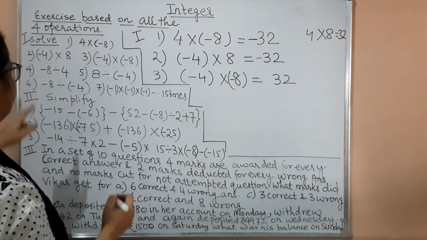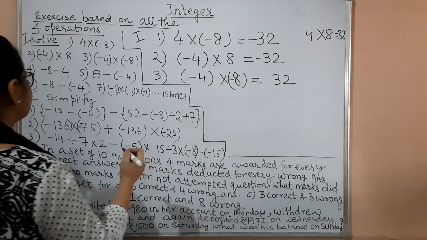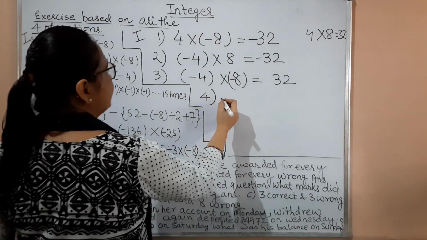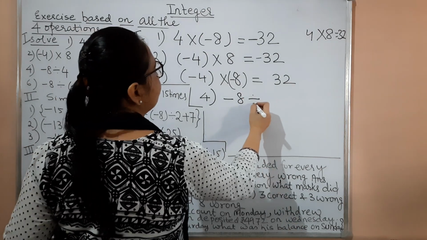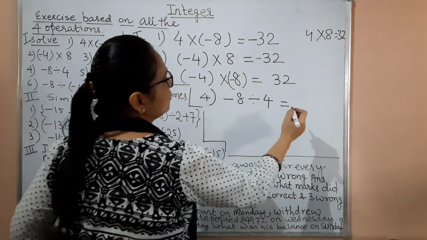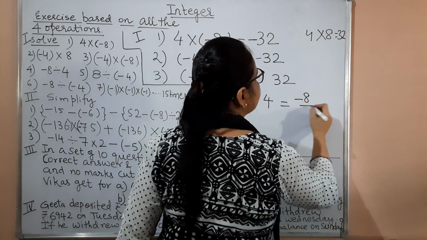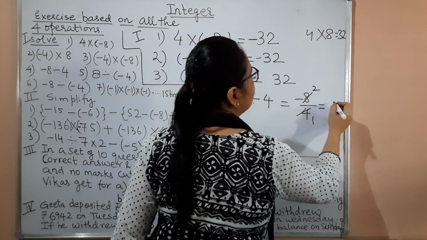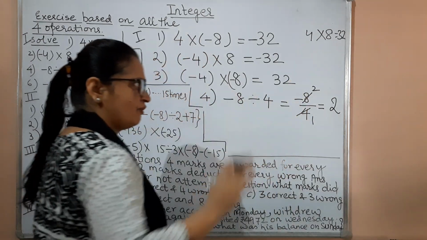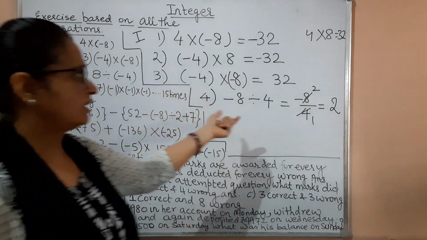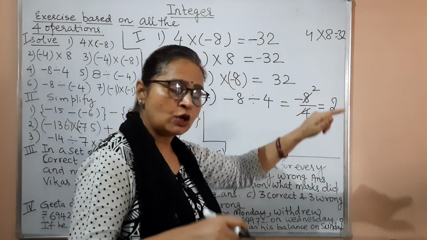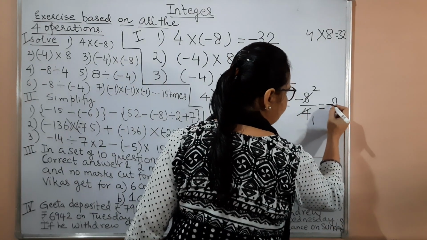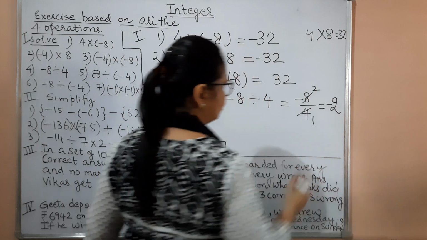Now the same process goes for division also. The fourth one is minus 8 divided by 4. 4 1s are 4, 4 2s are 8, so the answer is 2. That is definite. But we have to decide whether it is negative 2 or positive 2. Here it will be negative 2, because the same rule holds for division also.